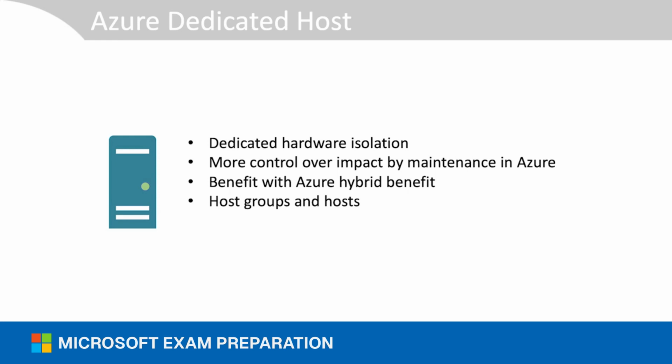You then add your dedicated host to your host group, and then you can run VMs on those hosts. Using Azure Dedicated Hosts can provide both high availability and fault tolerance through the use of availability zones and fault domains. And this will give you the peace of mind when hosting your Azure resources on a dedicated host.